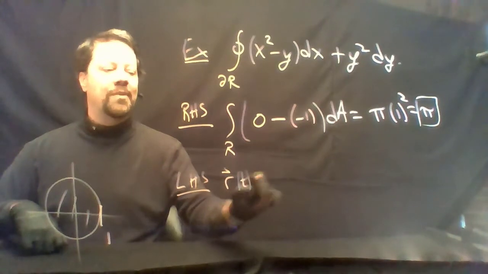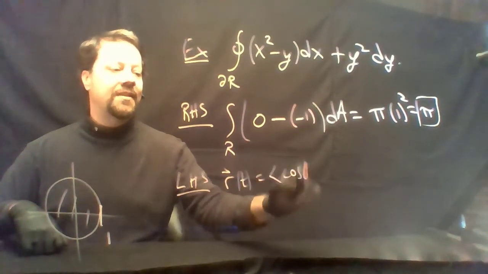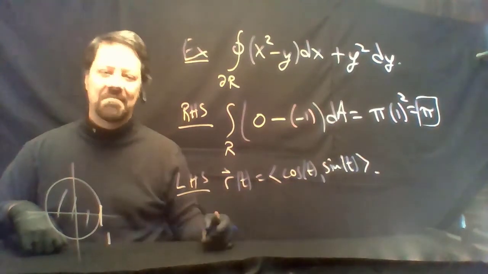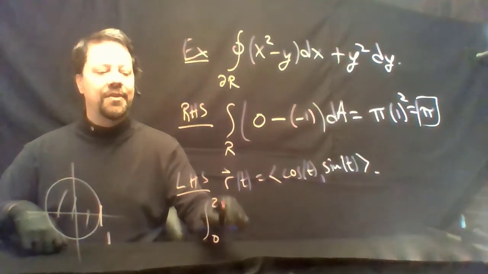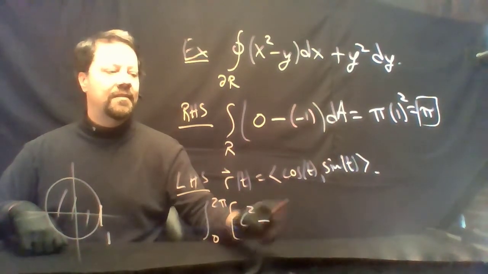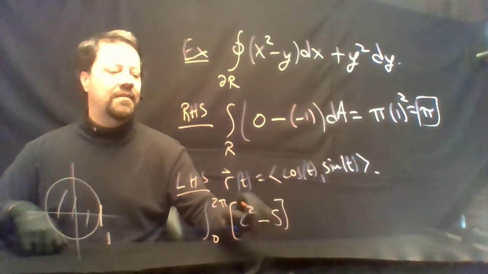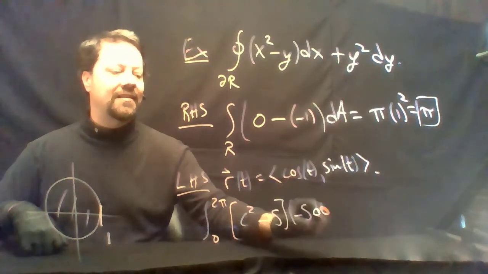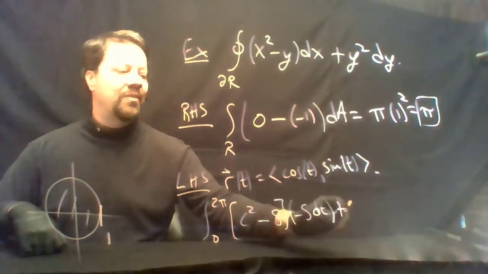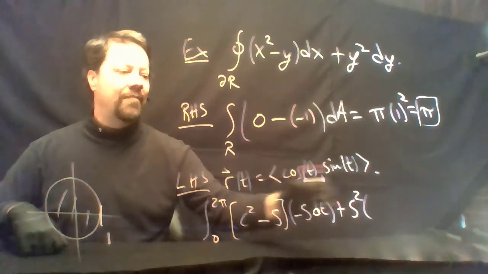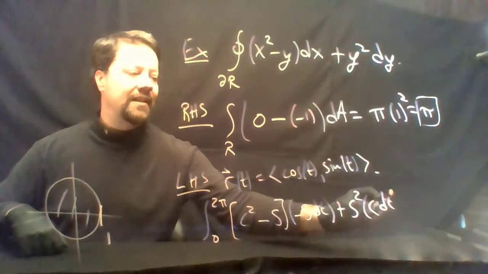For the left-hand side, we parameterize the region as cosine of t, sine of t. We'll integrate from 0 to 2 pi. We'll have cosine squared minus sine all times dx, which is negative sine dt, plus y squared times dy. dy is cosine dt.